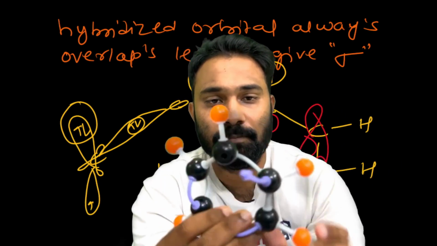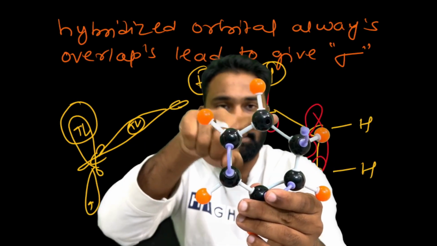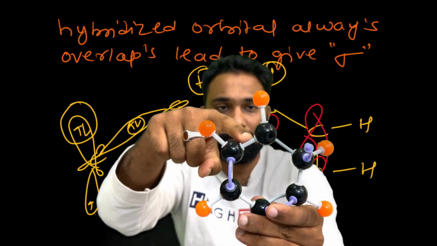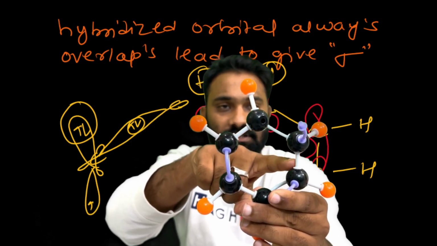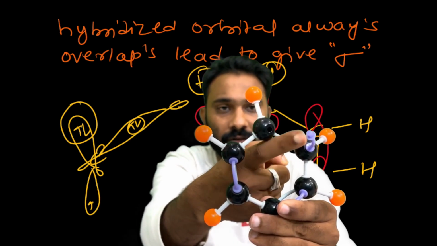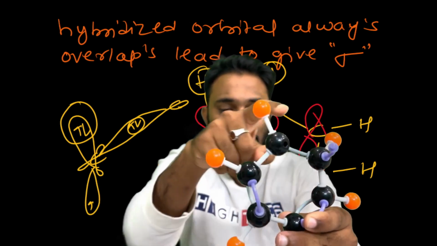Here this is one sigma, and this is one sigma. Or else if you go for this carbon, this is one sigma, this is one sigma, and this is a pure p orbital. This pure p orbital is perpendicular to these hybridized orbitals. I hope it is clear for you.